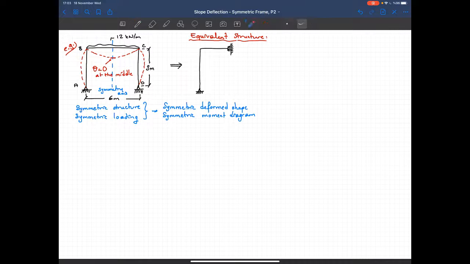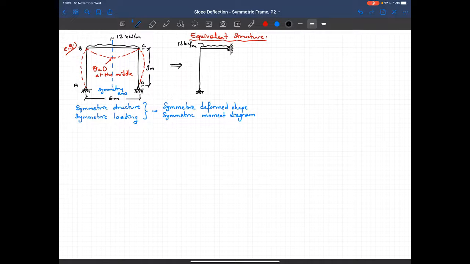So with that, I make sure that I define 0 rotation at the middle and a translation in the vertical direction. Now, I put the uniformly distributed load here. 12 kilonewton per meter is the uniform distributed load.